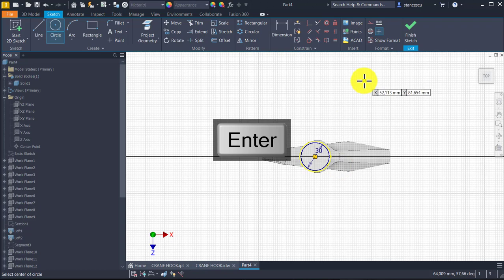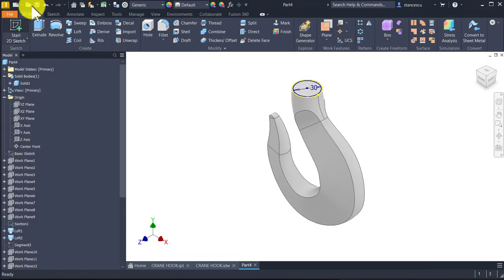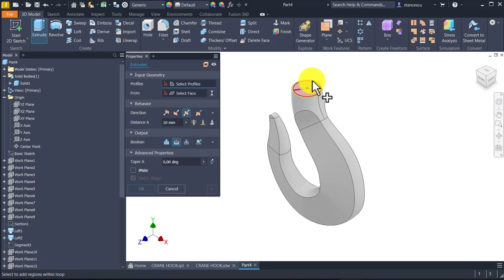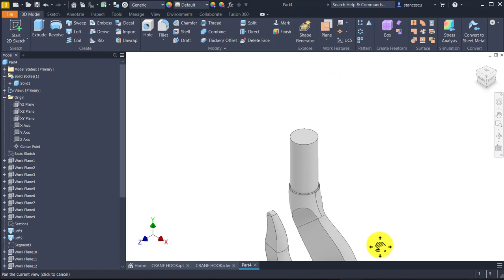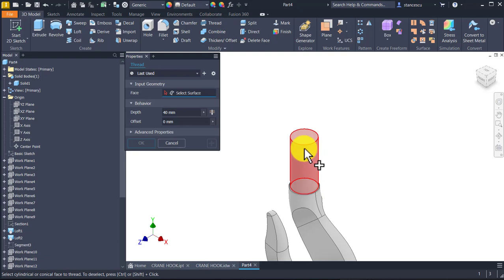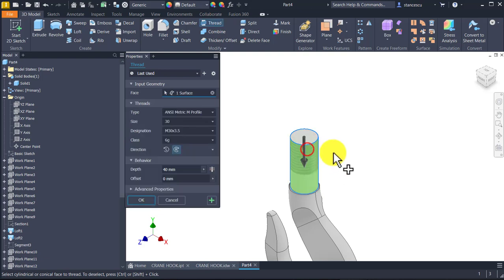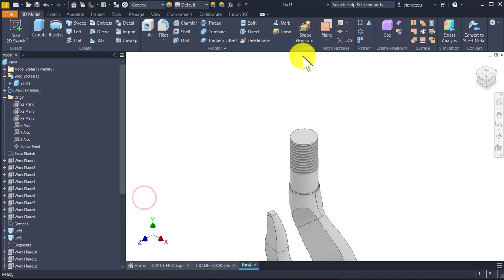Finish sketch, extrude this to 65, then thread, oriented correctly, isometric profile 30, the diameter is 30, and the pitch is 3.5, very large pitch.